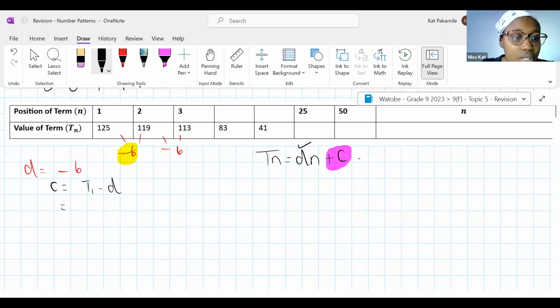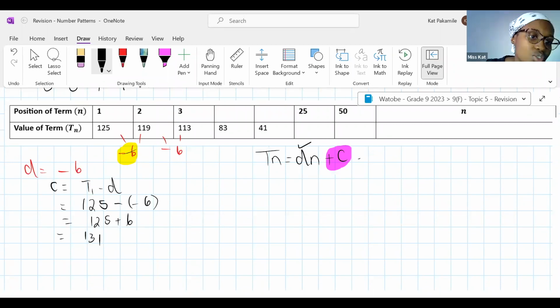So you say 125. If you're using Amahle's formula, it's going to be minus -6, which is 125 plus 6, which will be 131. If you don't want to go through all of that, you just say, to go backwards, you would have to add because we've been minusing. And then you end up with C as 125 plus 6, which is 131.